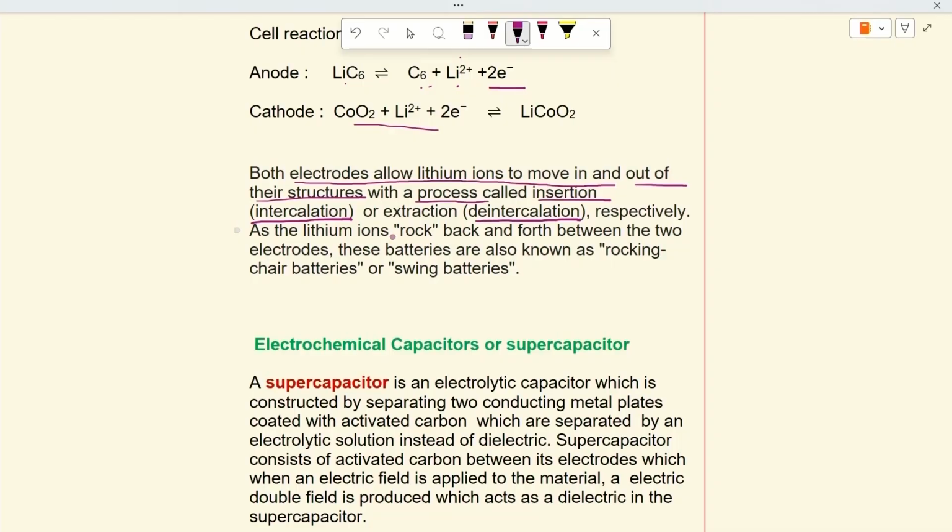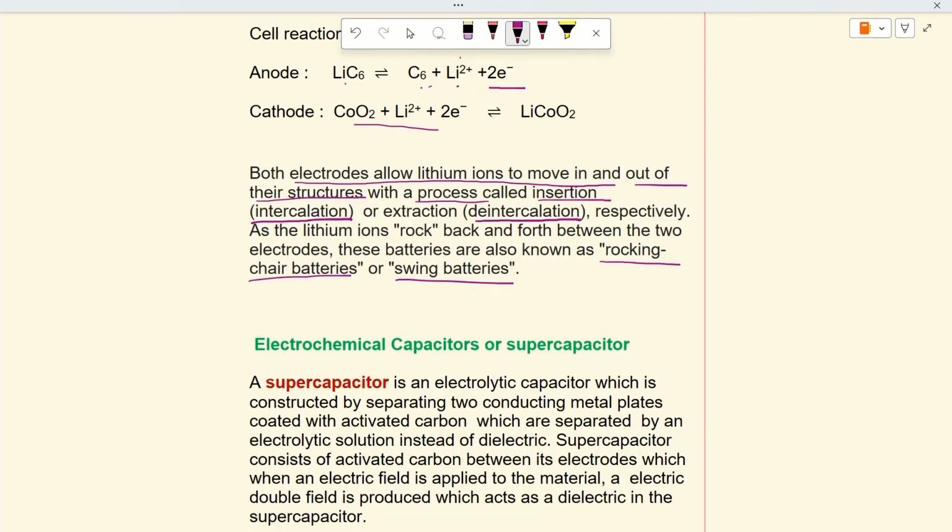So, the lithium ions rock back and forth between the 2 electrodes, and these batteries are also known as rocking chair batteries or swing batteries, moving to and fro.